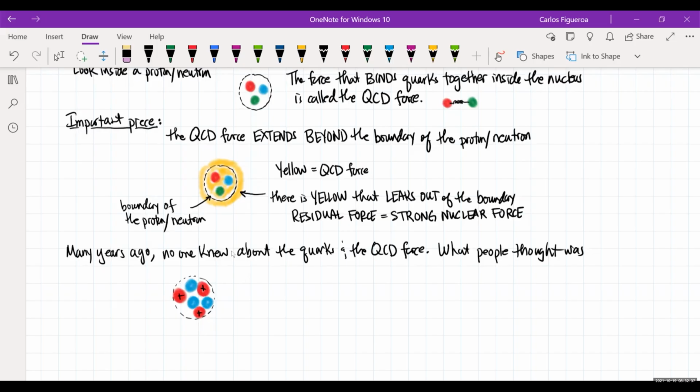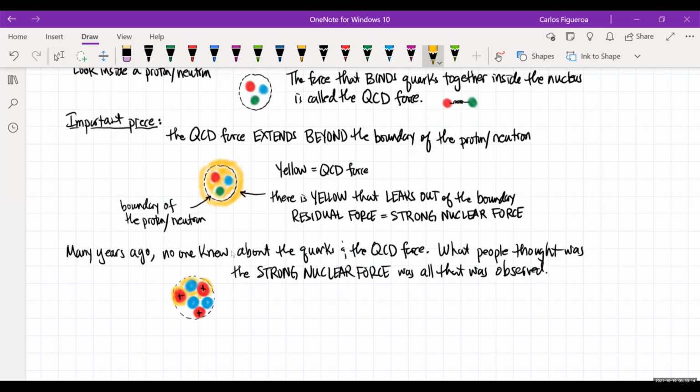What people thought was that the strong nuclear force was all that was observed. And so when we looked at that, all we saw was this little residual force.